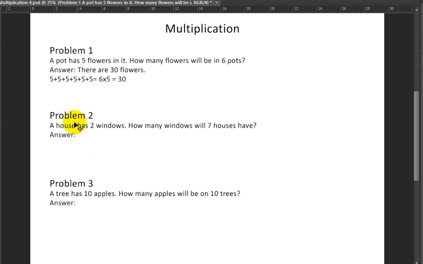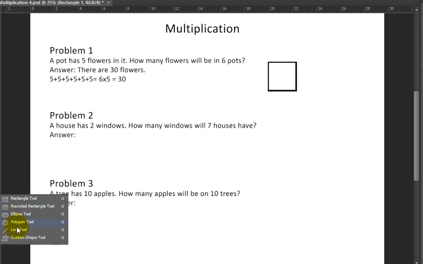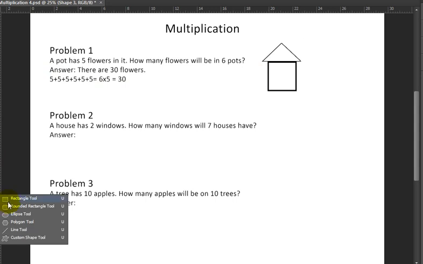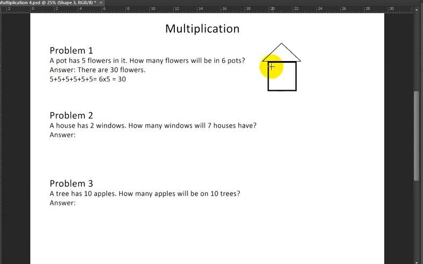Next up, problem number 2 says, a house has 2 windows. How many windows will 7 houses have? So let's make a house. And the problem tells us that the house has 2 windows.